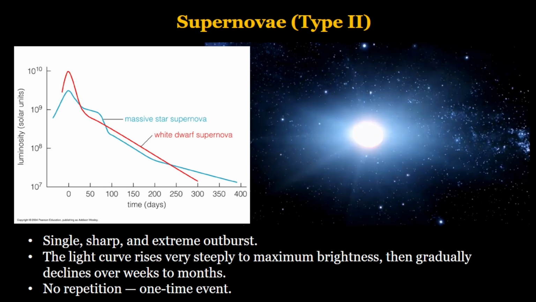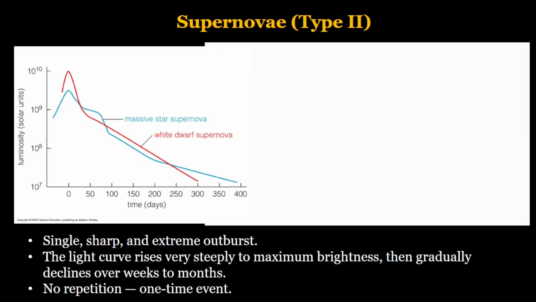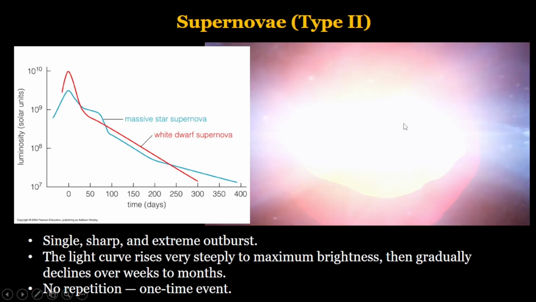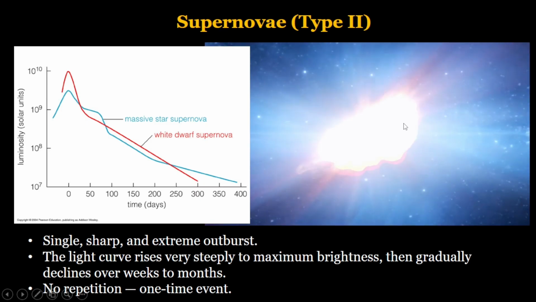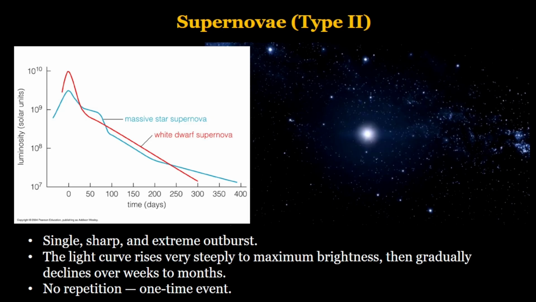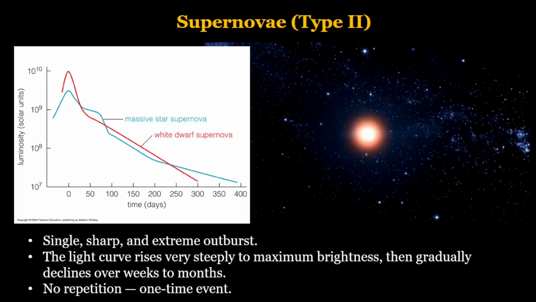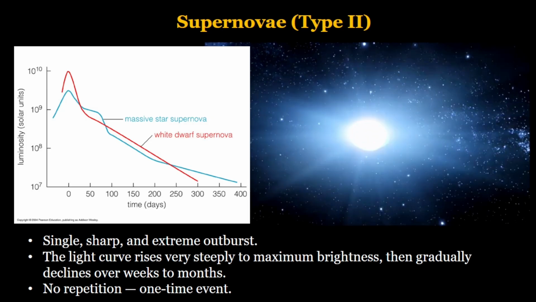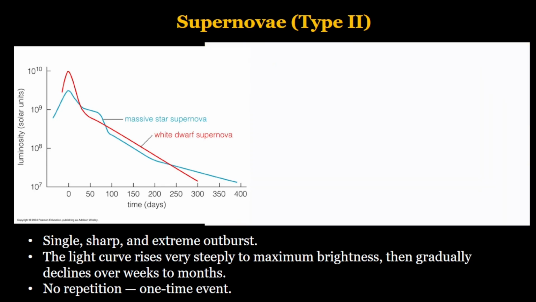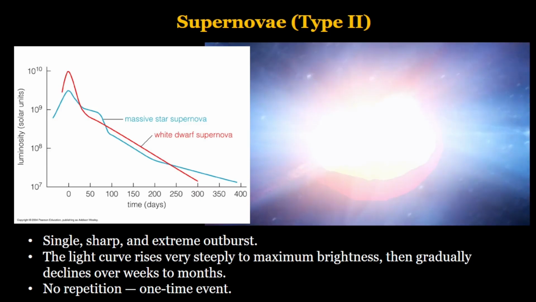So here are some examples. You have a supernova type 2. You can see the picture right there. See how it occurs: a star suddenly erupts. The light curve of a supernova rises very steeply to a maximum brightness, then gradually declines over weeks to months.